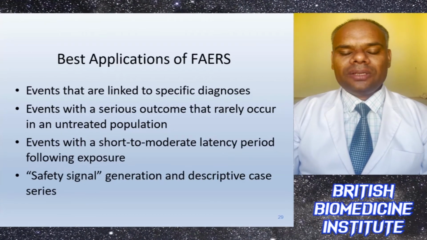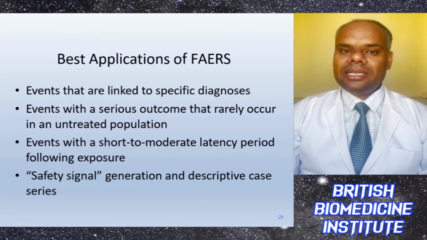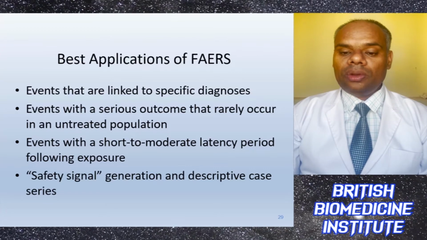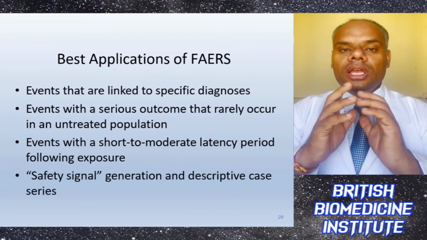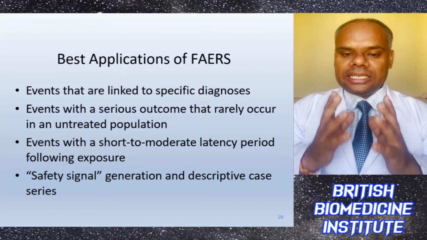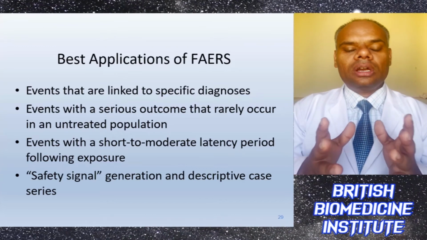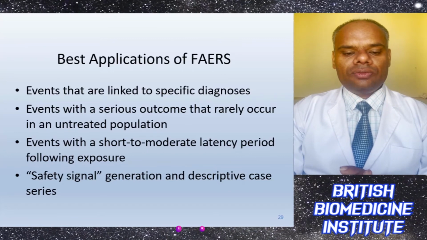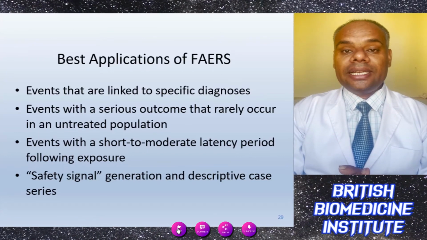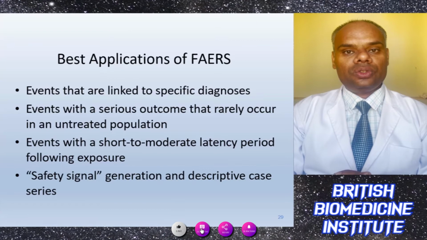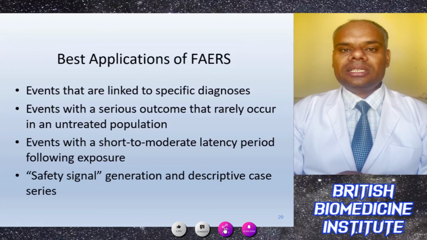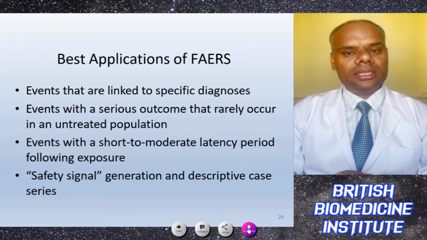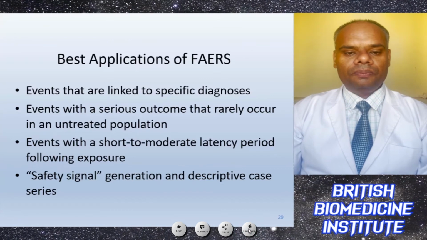The best applications for FAERS are events that are linked to a specific diagnosis, events with a serious outcome that rarely occur in untreated populations, and events with short to moderate latency period following exposure. Safety signal generation and descriptive case series can also be used.